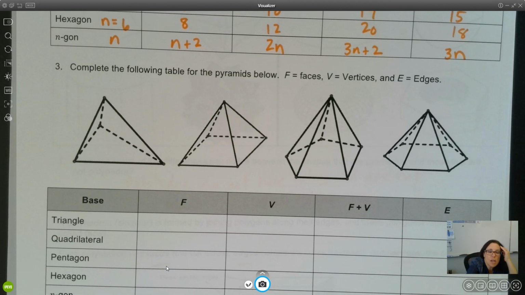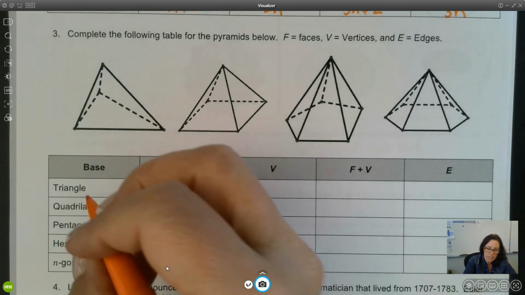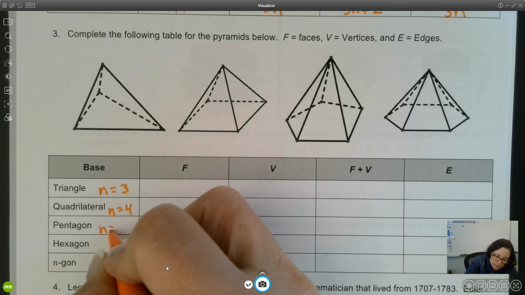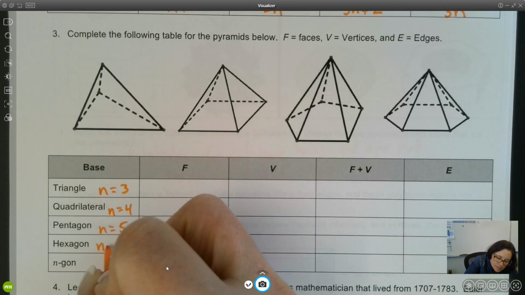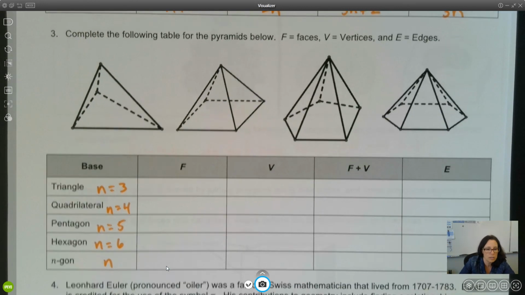Pyramids have some sort of polygonal base, a polygon on the bottom, and then triangles connect to meet all at the same point, called an apex, up at the top. So let's do the same thing on this. Again, a triangle has 3 sides, quad has 4 sides, pent 5 sides, hex is 6 sides, and then finally, what is it with an n on it?